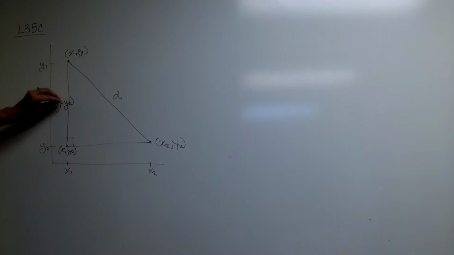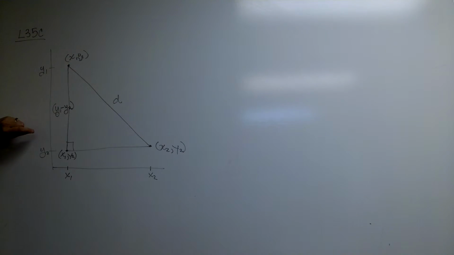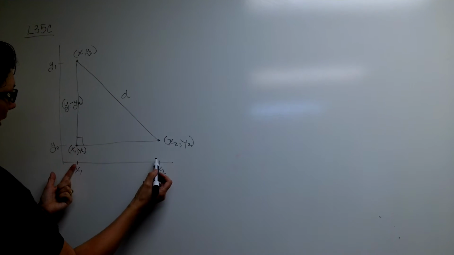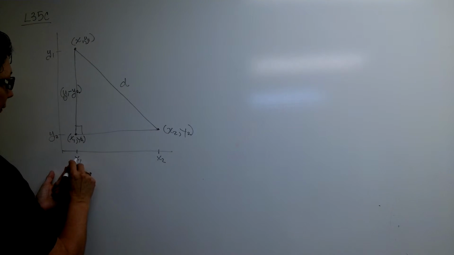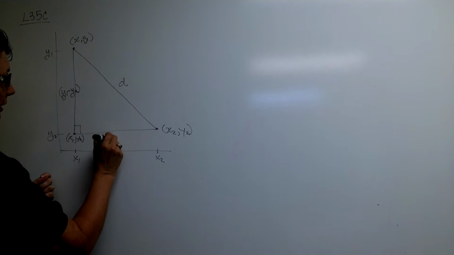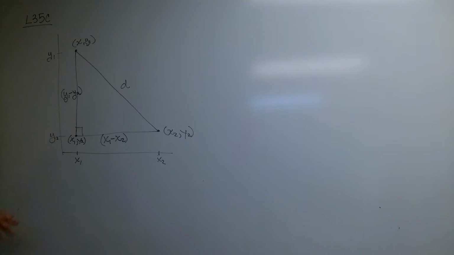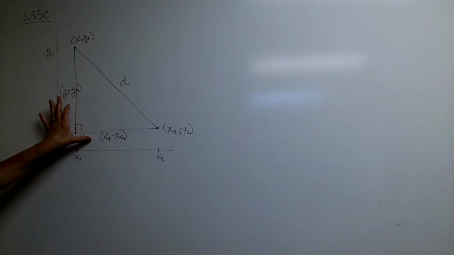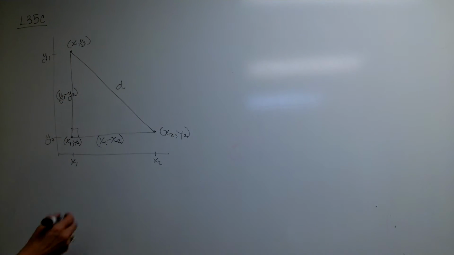Again, when I square it, it's going to be positive, so it doesn't matter in which direction I do it. And the length here, the other leg, again, is the difference between my x coordinates, x1 minus x2. So this leg and then this leg, those 2 squared and added together have to give me the hypotenuse squared.